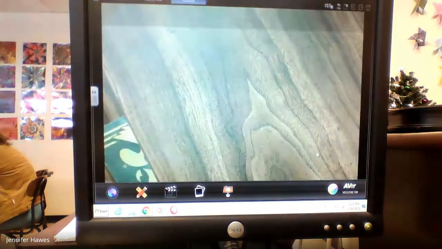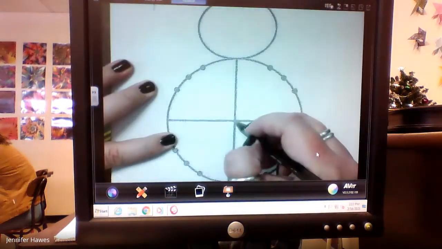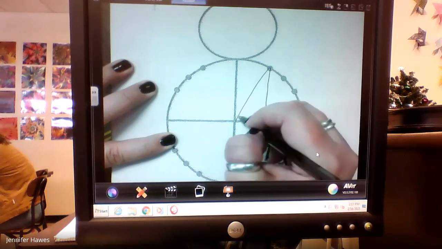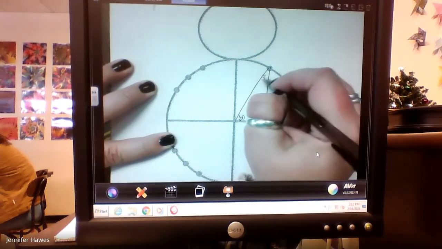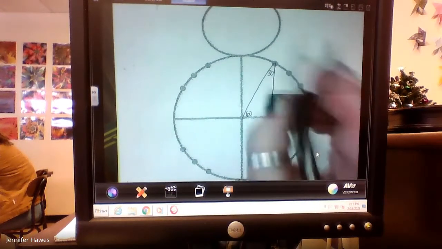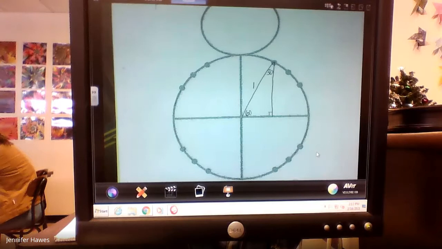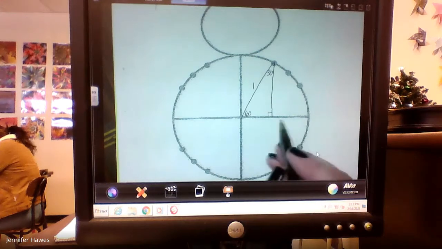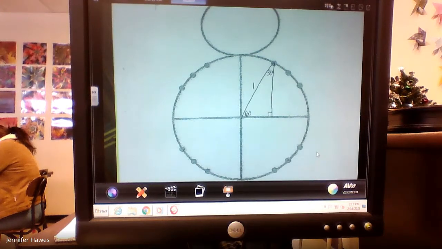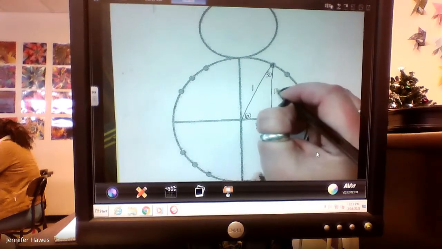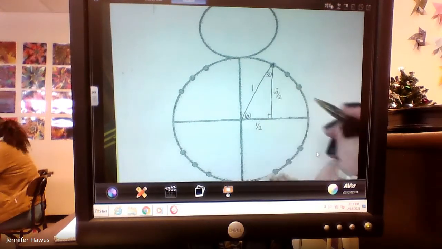Okay, last dot. I'm just putting my little 30, 60, 90s in here. But don't you do that. All right, so this is going to be 1 because it's a radius. Okay, short side is what? It's 1/2. So that left this side to be this length.